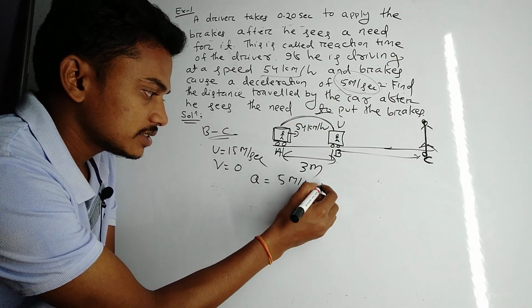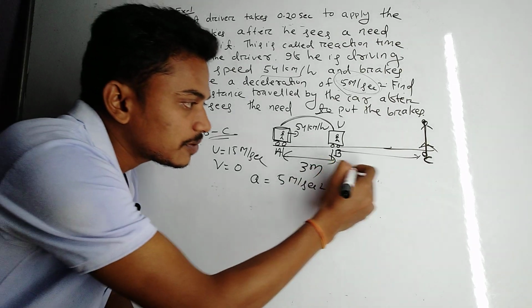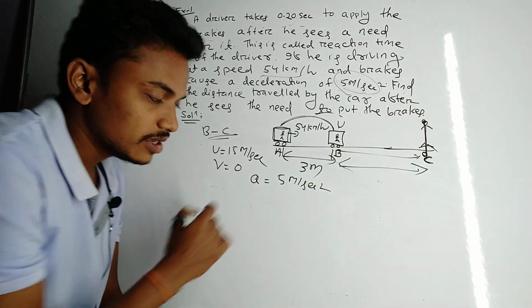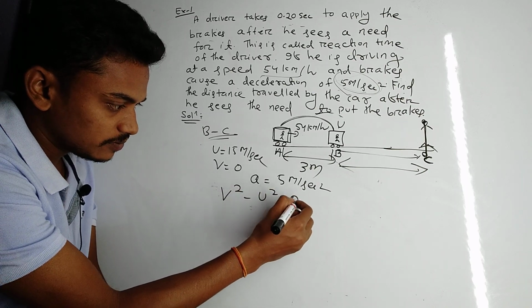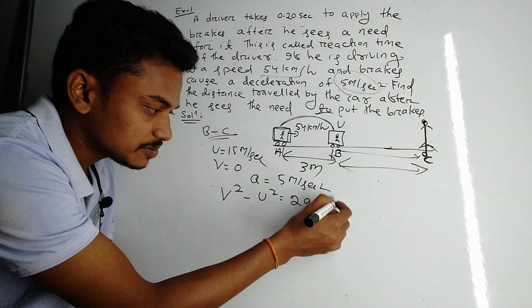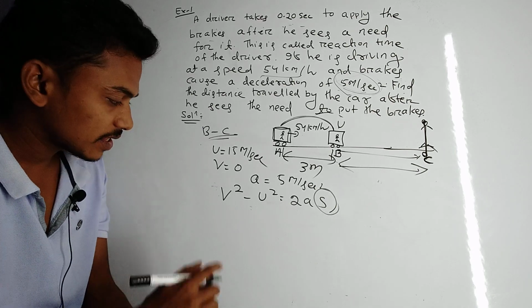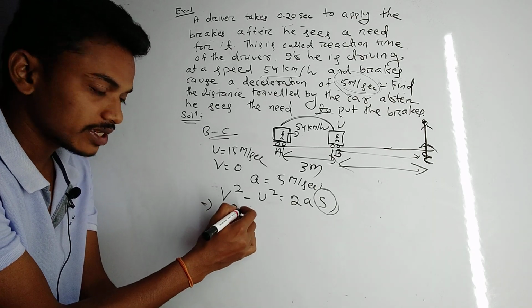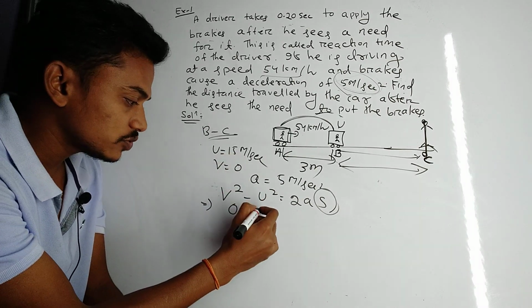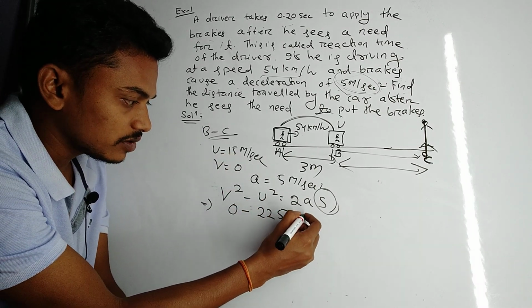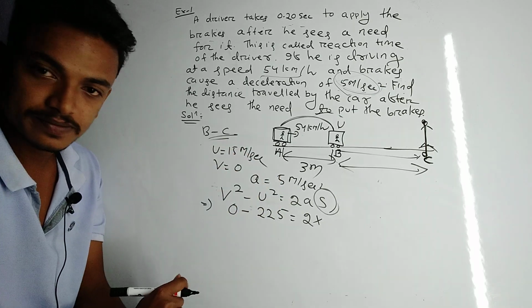The displacement from B to C is given by v square minus u square equals 2as. So v is 0, 0 square is 0, minus u is 15, so 15 square is 225, equal to 2 into acceleration, which is 5.